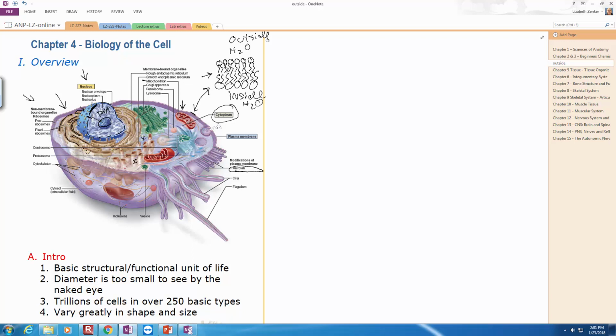So would smooth endoplasmic reticulum do any type of protein manufacturing? No, because I said ribosomes do that. So rough endoplasmic reticulum helps make proteins, but smooth has a different job. Smooth makes more plasma membrane and lipids, and it's made out of lipids also.